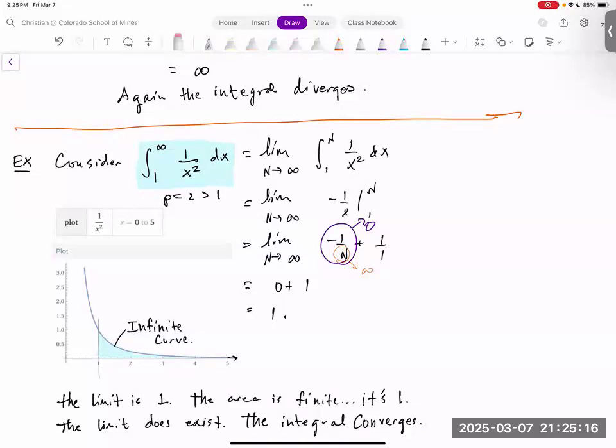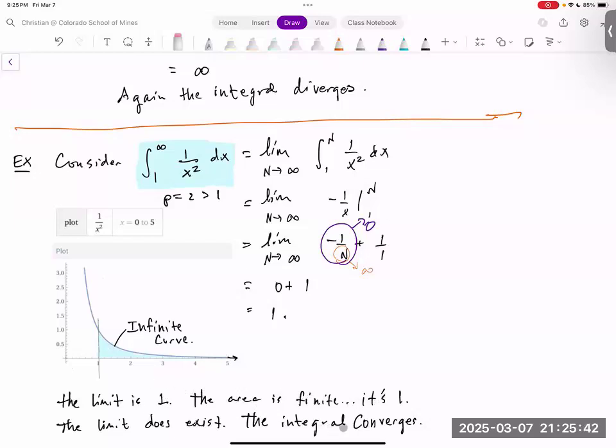But this question of the integral from 1 to infinity of 1 over x squared is asking you, what's the area in blue from 1 to infinity under the curve? And this limit is telling us that the area is 1. It's a fixed area, even though that curve is infinite. So here the limit is 1. The area is finite, it's 1, and the limit does exist.